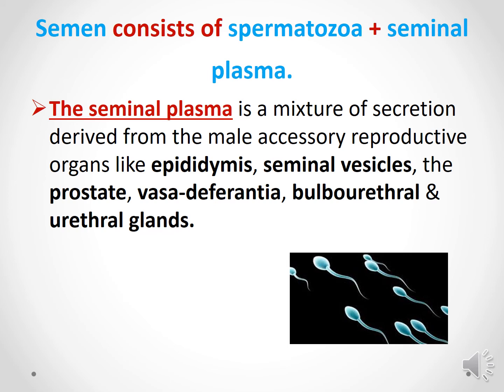Semen consists of spermatozoa plus seminal plasma. Seminal plasma is a mixture of secretions derived from the male accessory reproductive organs. Accessory reproductive organs like what? Like epididymis, seminal vesicles, prostate, vasa deferentia, bulbo-urethral, and urethral glands.